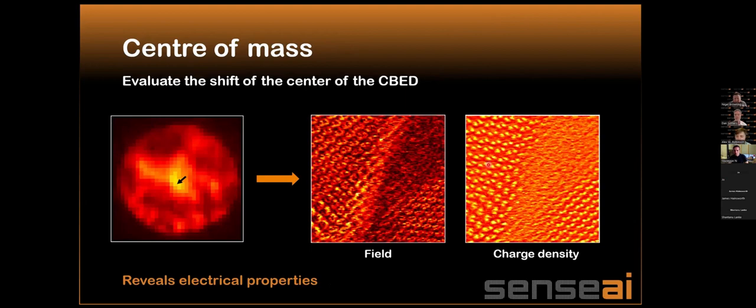The second analysis method is center of mass. What we can actually extract from here is to say, well, we know that if there was no sample in the way, our diffraction pattern would be nice, uniform and flat. But when there is a sample in the way, there's some local effective electric field which is deflecting our beam away from that centered optic axis.